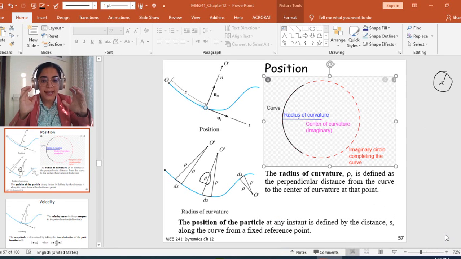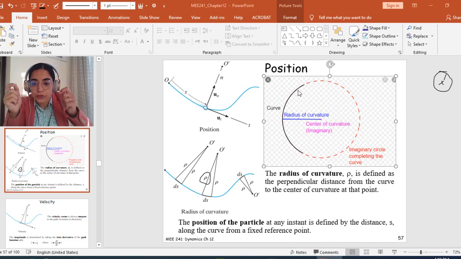In order to understand what the radius of curvature is, I'm going to share with you this figure here. The radius of curvature is the radius of a circle that best fits the arc of this curve. This is an imaginary circle completing this curve.